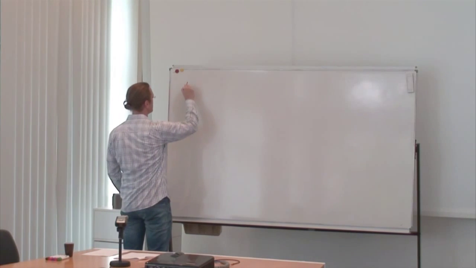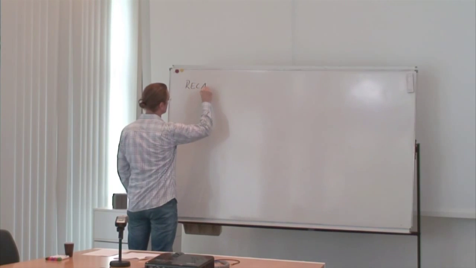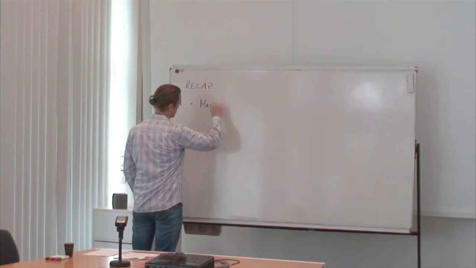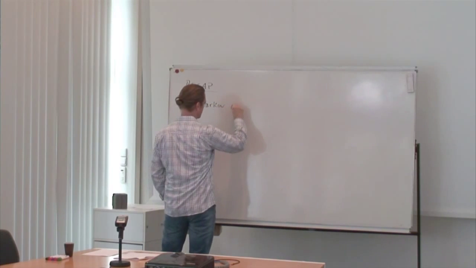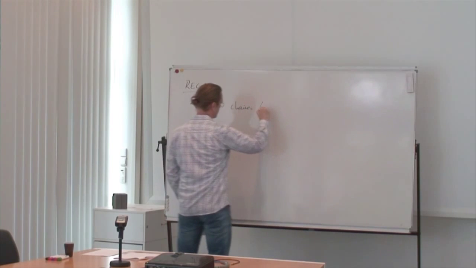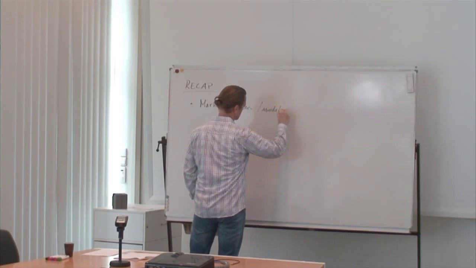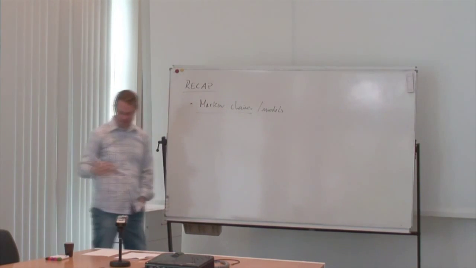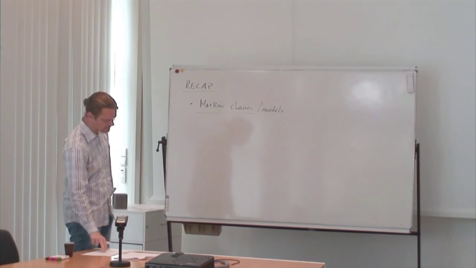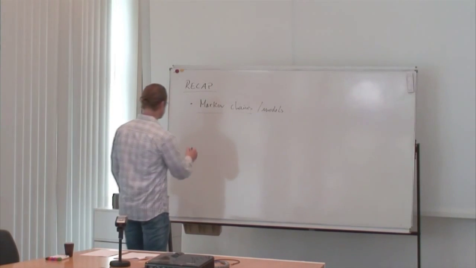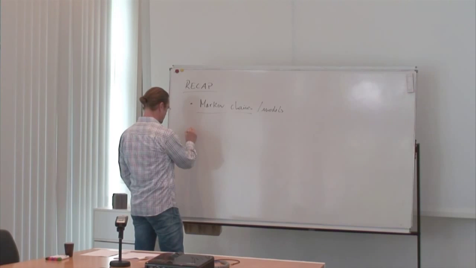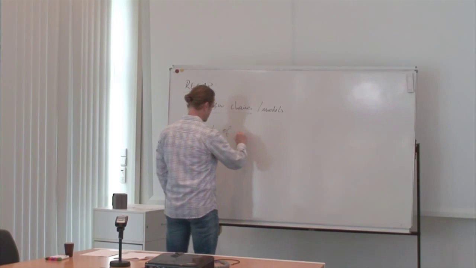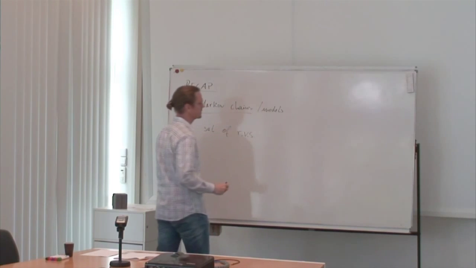Last time we began to look into the notion of Markov chains or models. Both terms again are used interchangeably. The fundamental aspect behind this idea is that we are looking at a set of random variables.